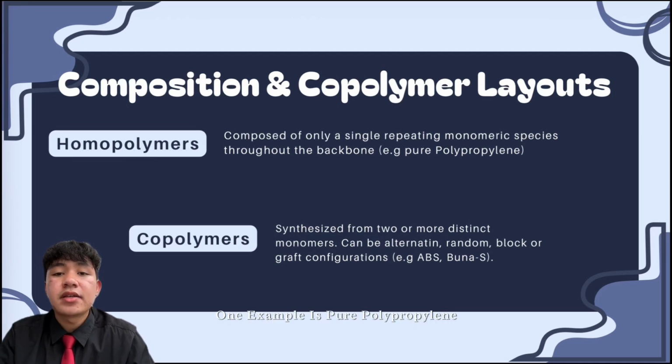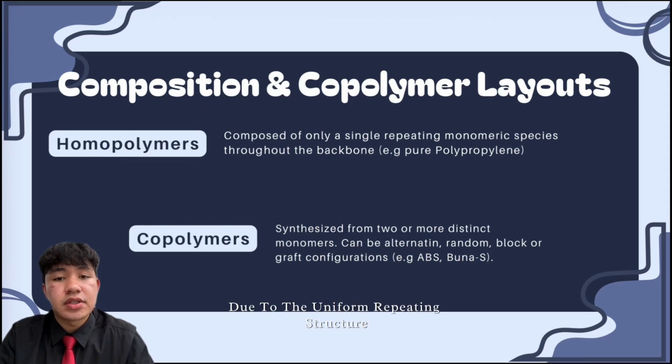One example is pure polypropylene. This means the entire polymer chain contains only one repeating type of monomer. Due to the uniform repeating structure, homopolymers generally display more consistent properties throughout the material.